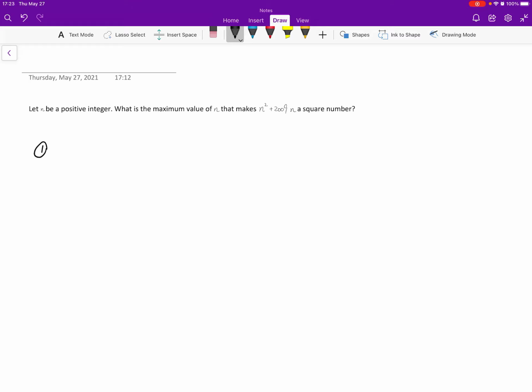So first one, n squared plus 2009n is basically n plus 2009 times n. If you agree with that, let's set an arbitrary number a and say this is a square number, so this equals a squared. Having that, we have two cases.